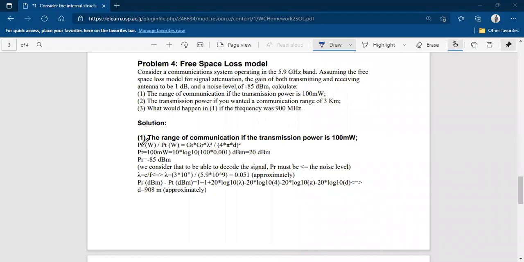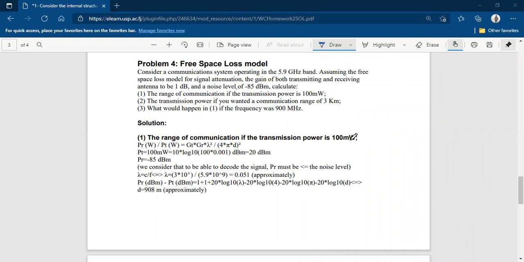So going back to our question, the range of communication if the transmission power is 100 milliwatts. Using this formula, we can see that our noise level is in terms of dBm, and our antenna gain is in dB, so we need to convert to dBm, and we can convert our power directly to dBm.